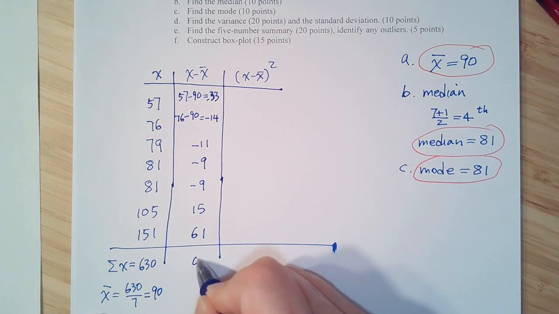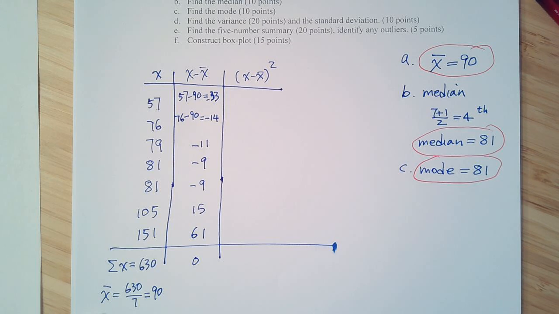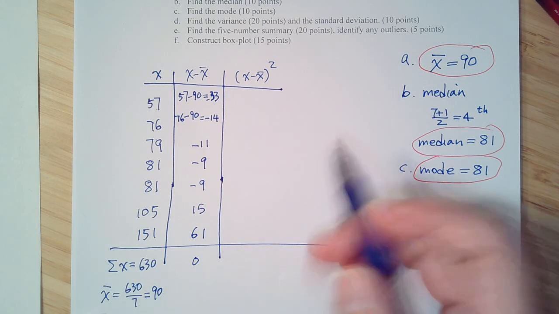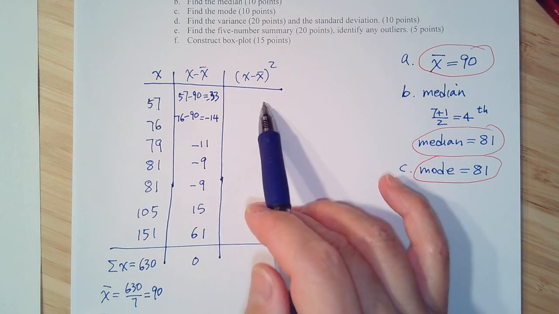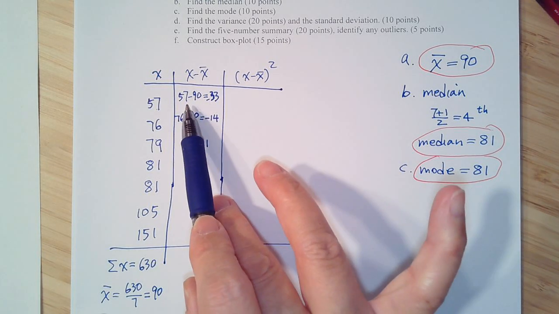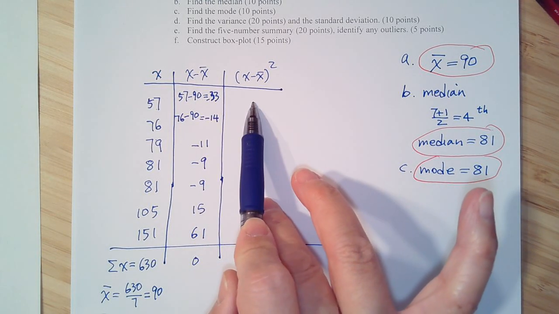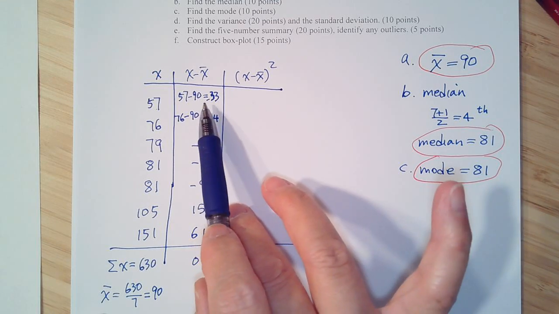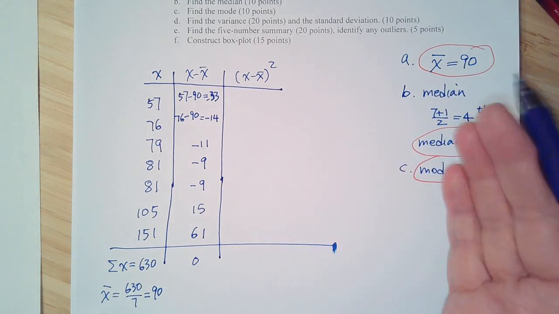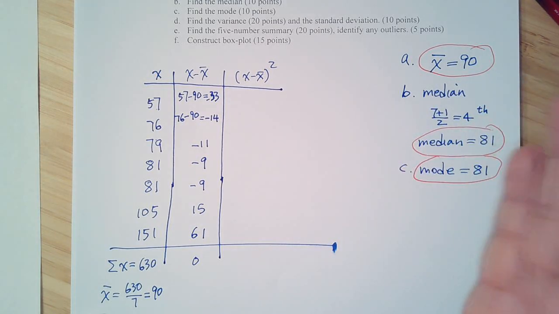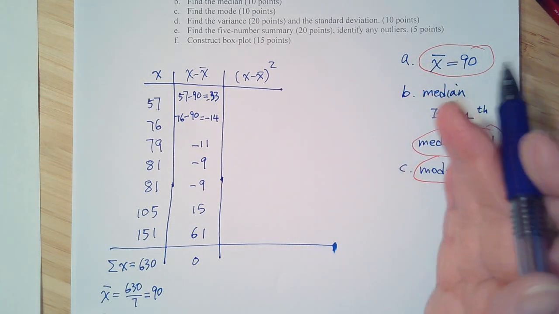Now, do you remember that when I taught this, I said you don't have to finish the second column and then go to the third one. You can just finish this number and come to here right away because it's much easier. Once you have negative 33, you just square it right away. Negative 33 squared becomes positive, 1089.